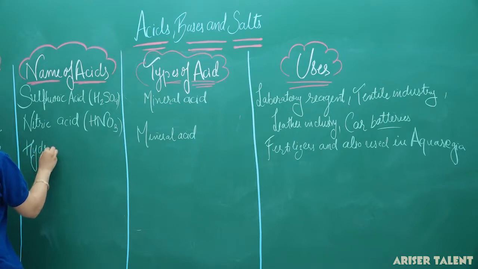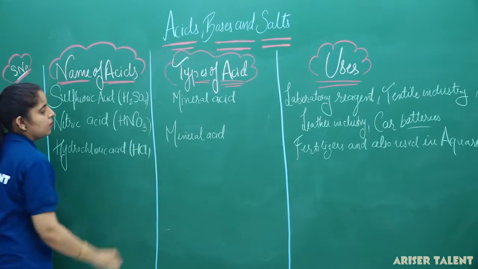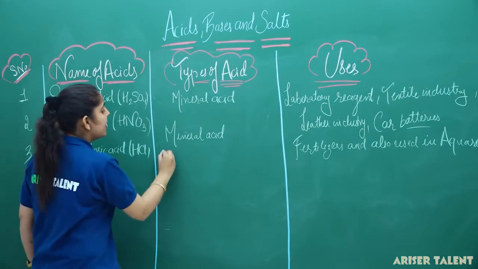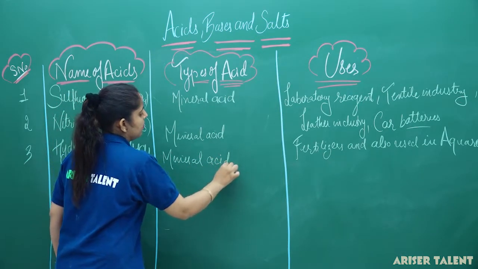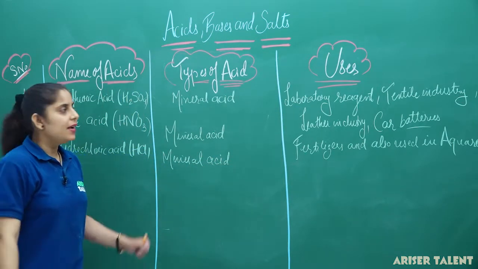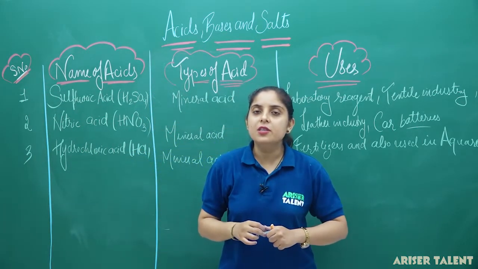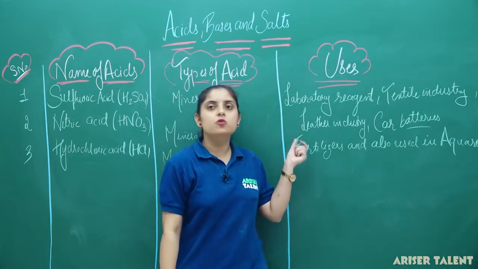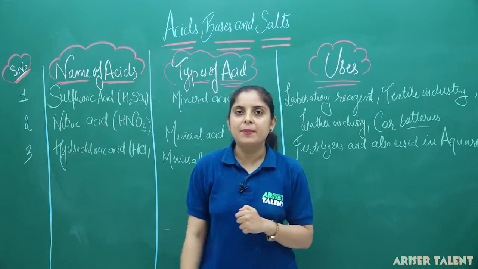The third one is HCl, that is hydrochloric acid. This HCl is again a mineral acid. HCl is used in the textile industry, in the paper industry, and as a laboratory reagent, because we use HCl for performing experiments in the lab.